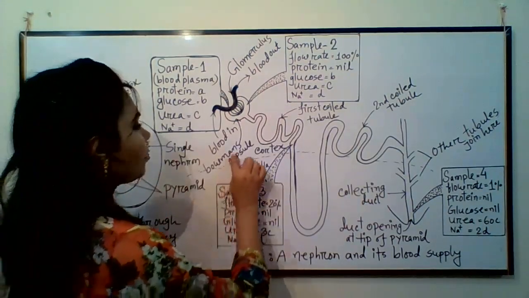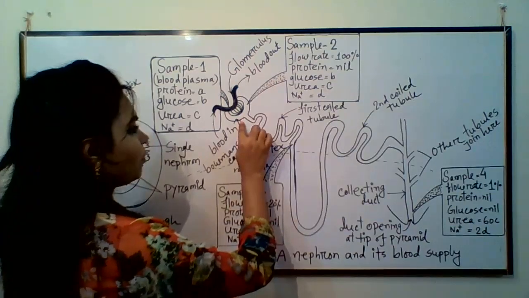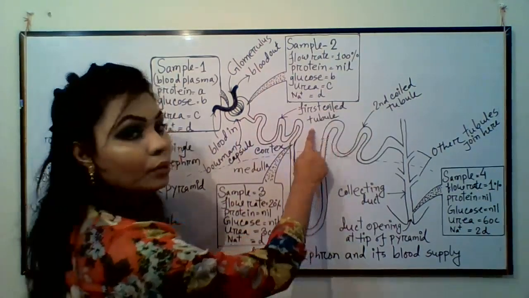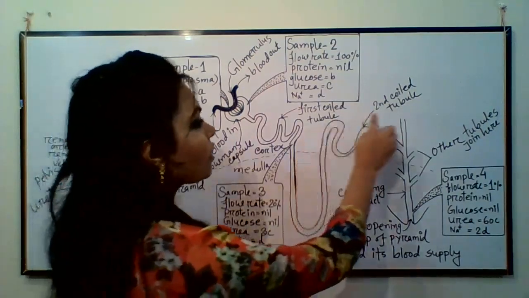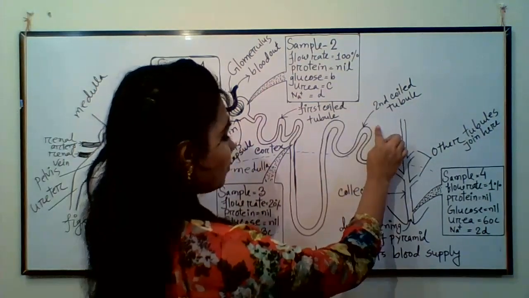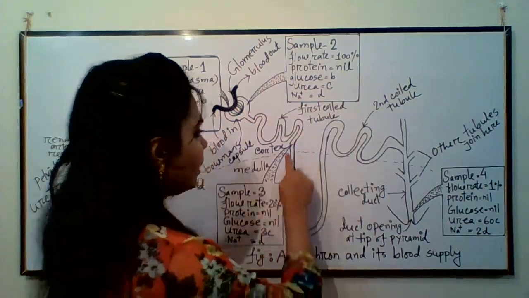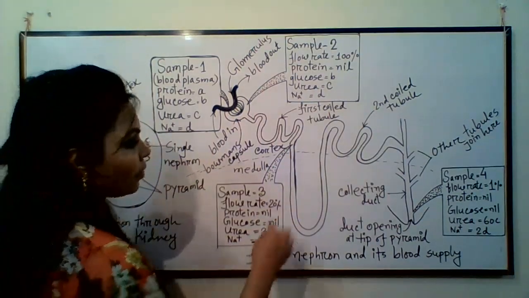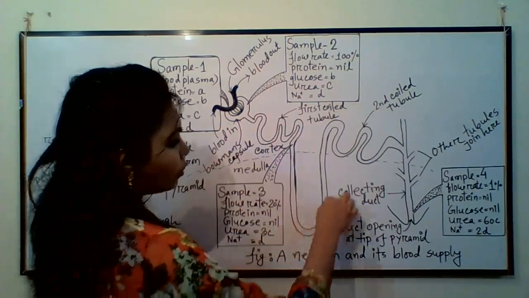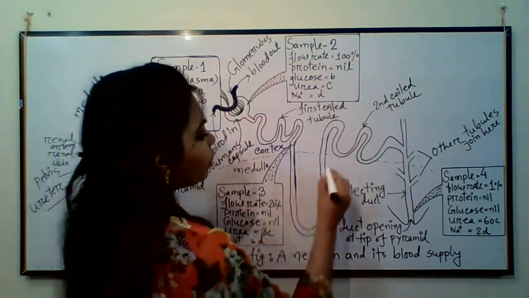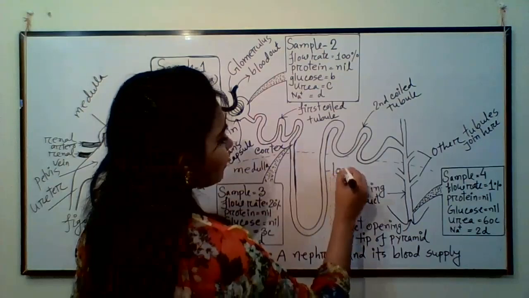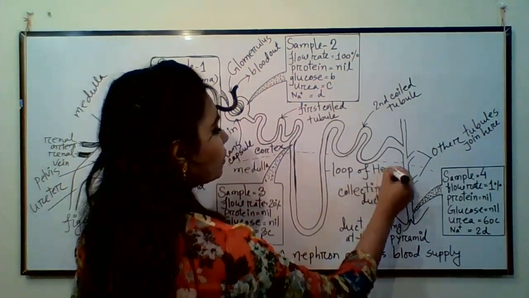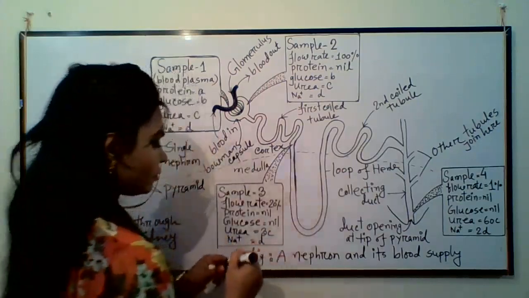Okay. Then Bowman's capsule. Then you see the first coiled tubule. Then the second coiled tubule. In the middle, the first coil and second coil tubule are separated by a long loop that is called the loop of Henle.